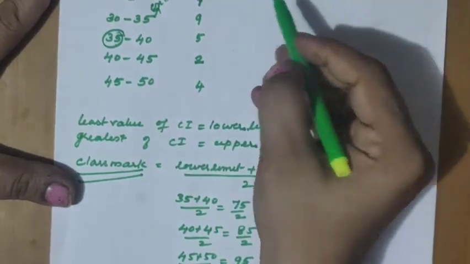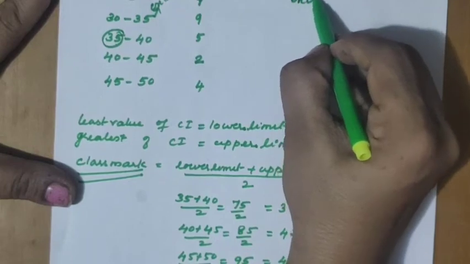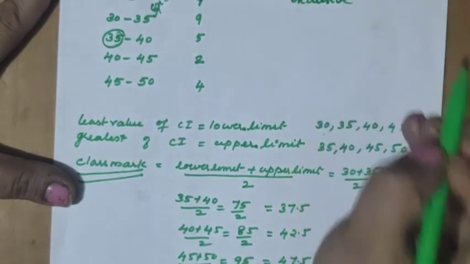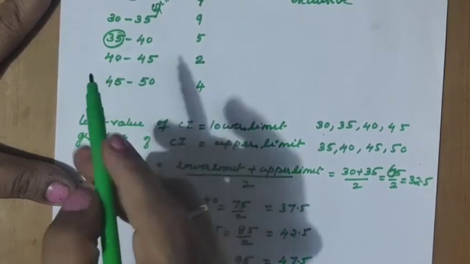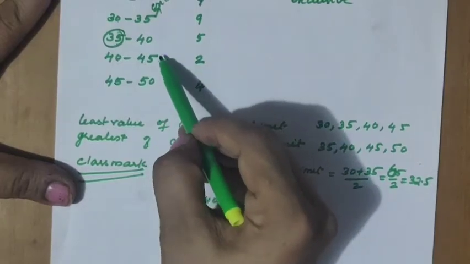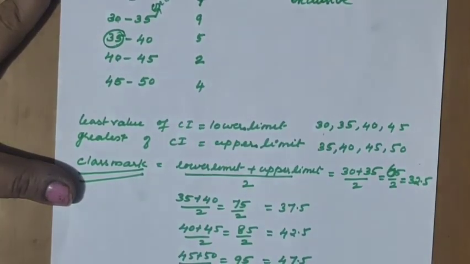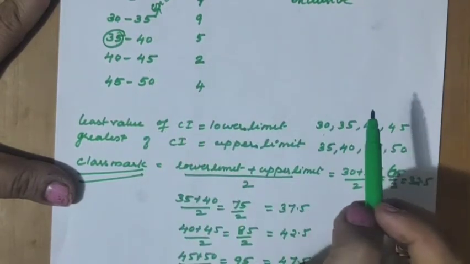So we can say it is a continuous or exclusive frequency distribution, meaning the upper limit is excluded. Here 30, 35, 40, 45 are included, whereas 35, 40, 45, 50 are excluded. So in continuous frequency distributions, upper limits are excluded.